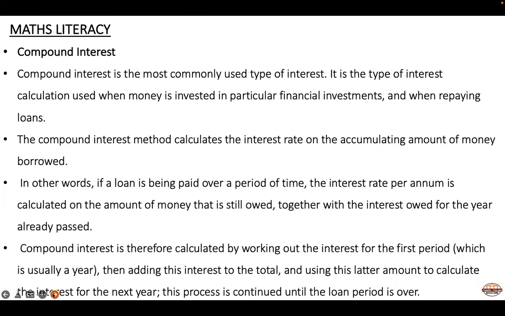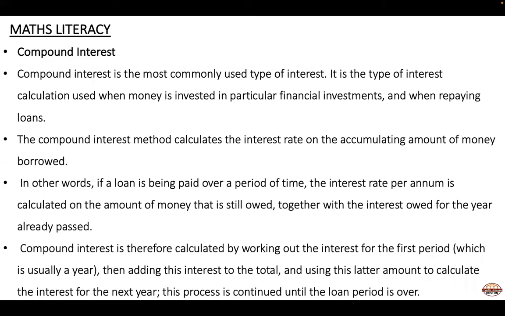Compound interest is the most commonly used type of interest. It is the type of interest calculation where money is invested in particular financial instruments and when repaying loans. In this case, it's a little different because it's compounded. The compound interest method calculates the interest rate on the accumulating amount of money borrowed. In other words, if a loan is being paid over a period of time, the interest rate per annum is calculated on the amount of money that is still owed, together with the interest owed for the year that has already passed.